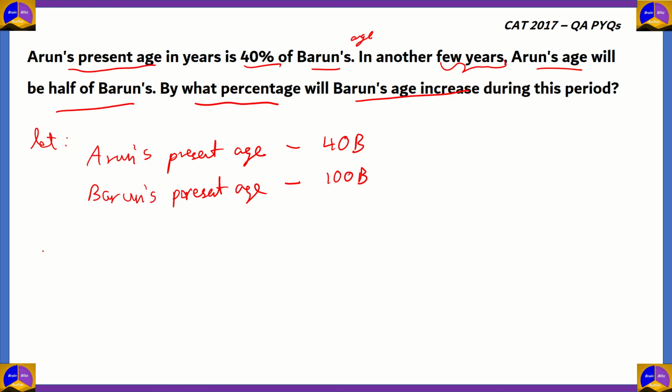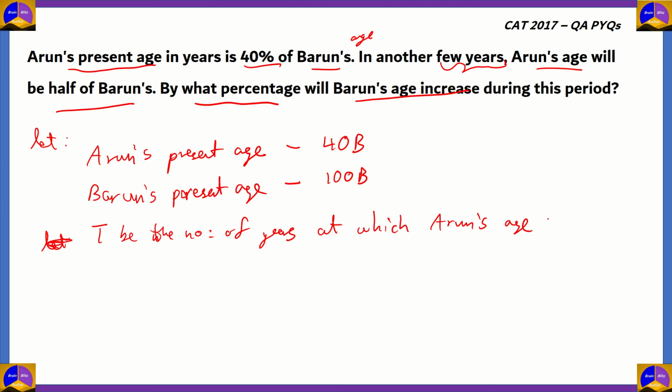can work off. Now, we'll also consider that after a few years, Arun's age will be half of Barun's. Now we will consider T as the number of years at which Arun's age will be half of Barun's age.